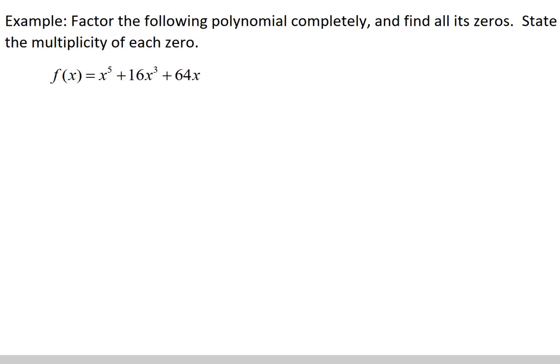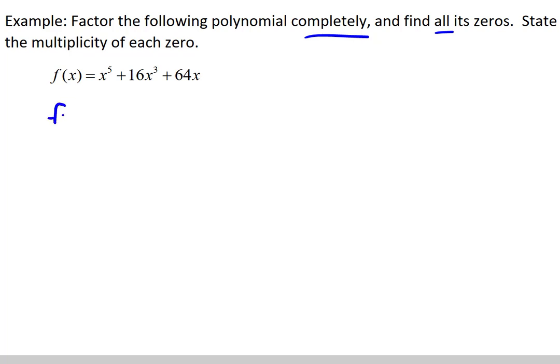Let's try an example where we want to factor the following polynomial completely and find all its zeros. State the multiplicity of each zero. Our polynomial reads f of x equals x to the fifth plus 16x cubed plus 64x. We're going to start by using our old trusted and true factoring methods from algebra.